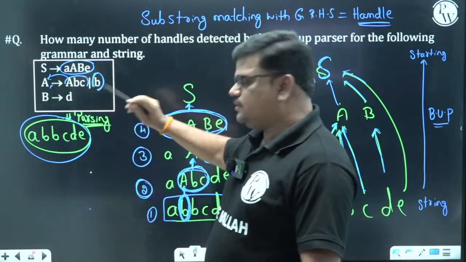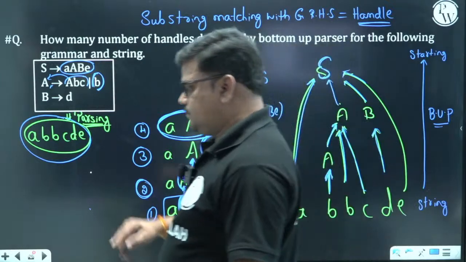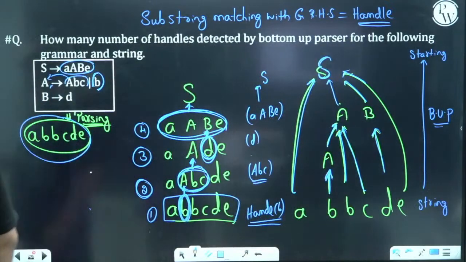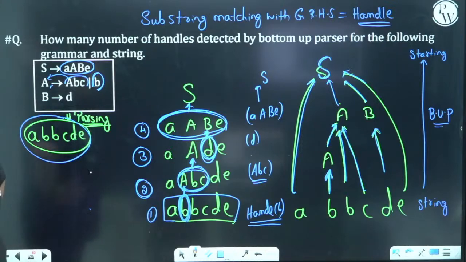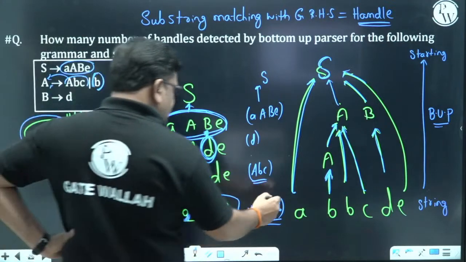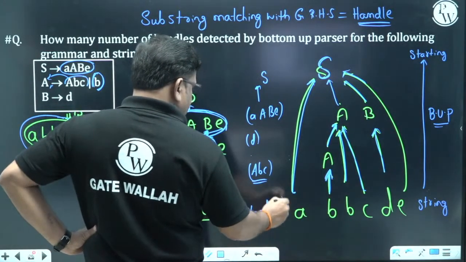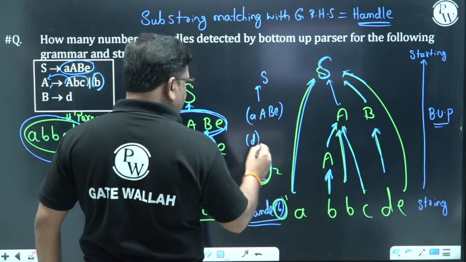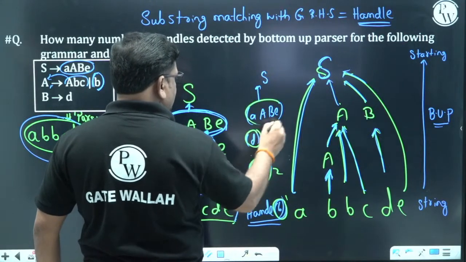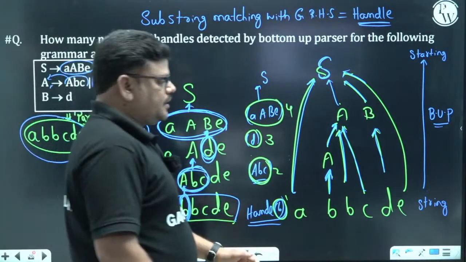This is the grammar, this is our input. What is the number of handles? This is the first handle which is detected. This is the second handle, third handle, fourth handle. That's all. 4 handles are detected like this.